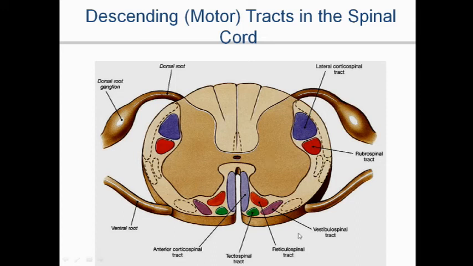On the ventral side there are the vestibulospinal tract and tectospinal tract in green color. You can also see some of the ascending tracts in dotted, like the dorsal column tract. Okay, but we are mostly focusing on the descending tracts in the spinal cord.